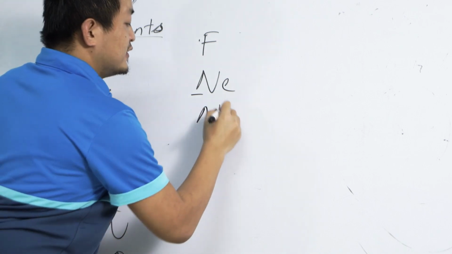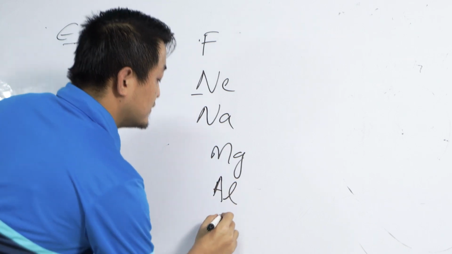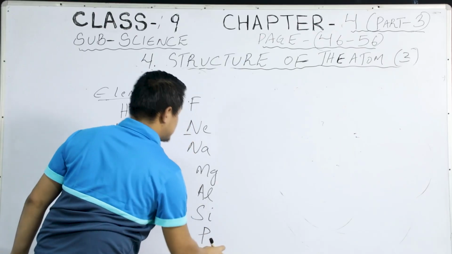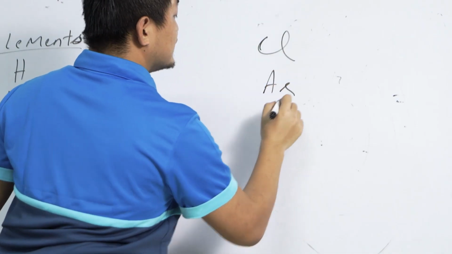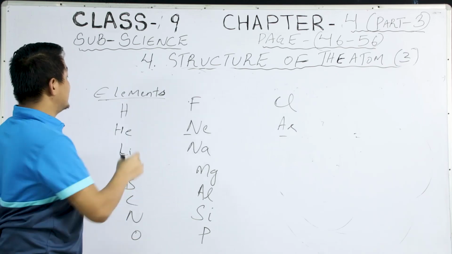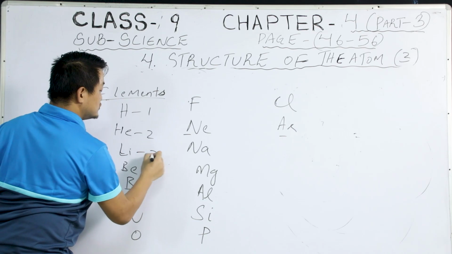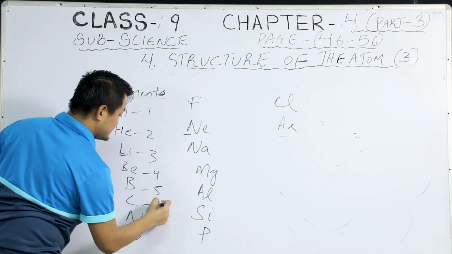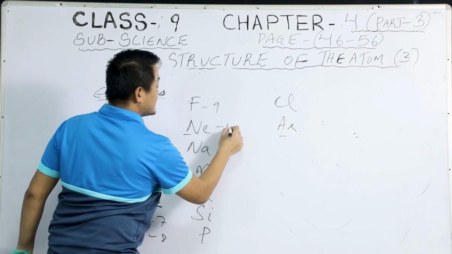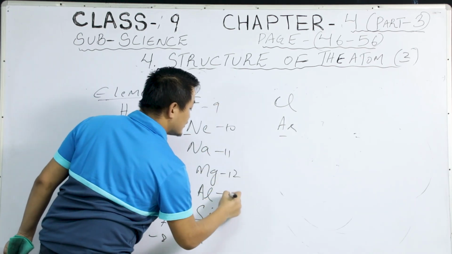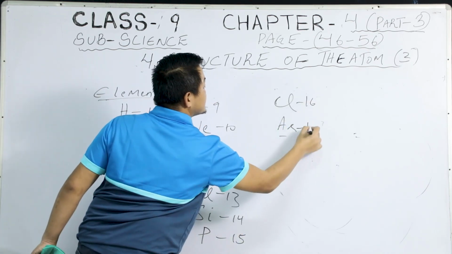Now we have sodium, magnesium, aluminum, silicon, phosphorus, chlorine, and argon. So this would be till 18. The atomic numbers would be 1, 2, 3, 4, 5, 6, 7, 8, 9, 10, 11, 12, 13, 14, 15, 16, 17.